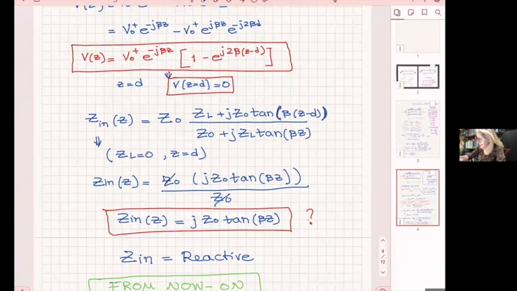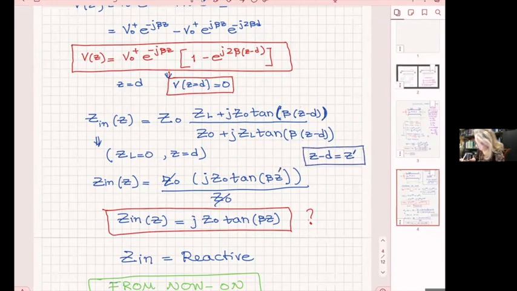All right, so it's the distance from the load. Z minus D. And then if we call Z minus D to be Z prime, so that's the distance from the load.